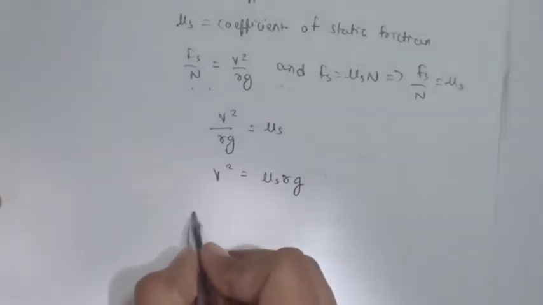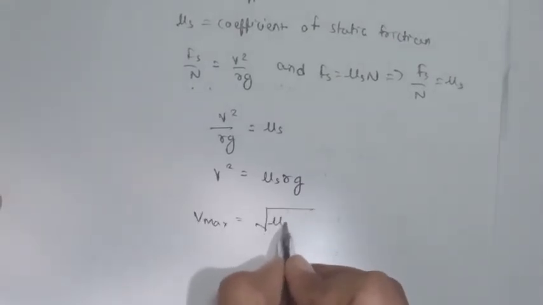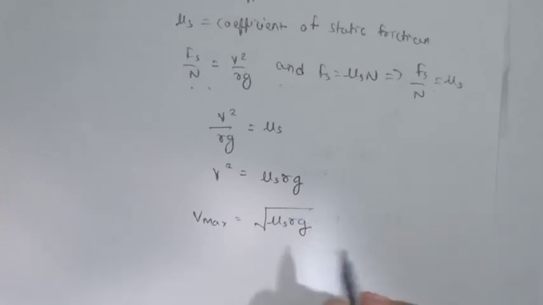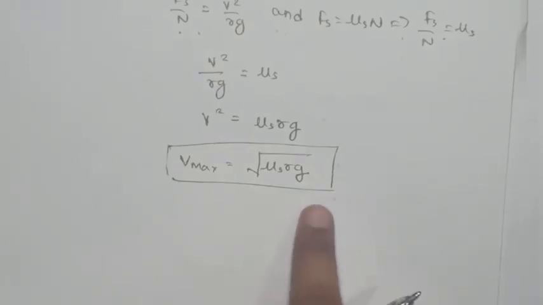At maximum possible speed, Vmax will be given by the square root of mu s rg. This is the expression for the optimum or maximum speed of the vehicle on a horizontal curved road.